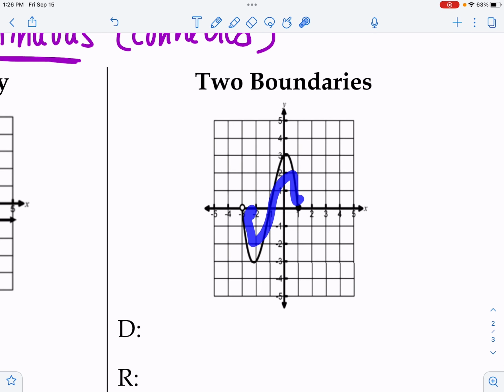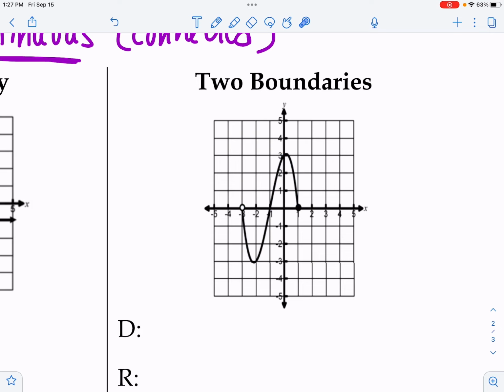So let's look at this one first. I could list -3 as an x value. I could list 1 as an x value, but we have infinitely many points in between when it's connected. We have all the decimals. And so I would have to list 0.5. I would have to list 0.9 repeating. And so there's an infinite number of points on a continuous graph, a connected graph.